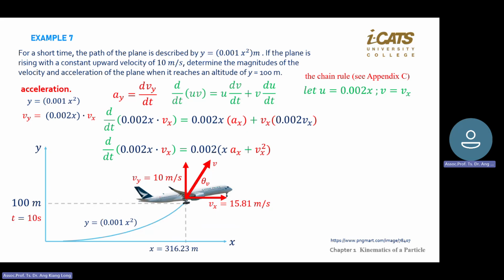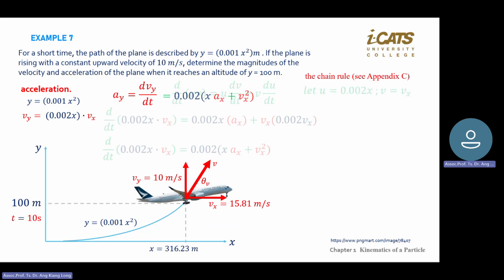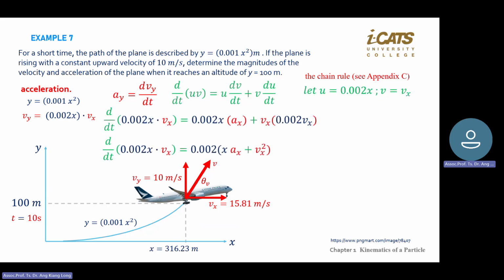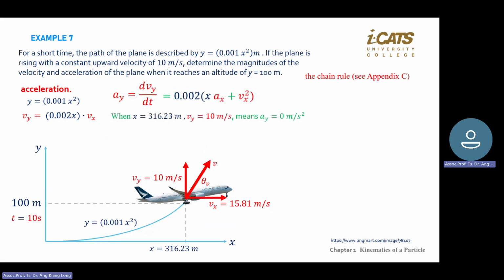So you pull the constant out. You have x, ax, and vx squared. You just combine these two equations. Pull the constant value 0.002 out as a common factor. On one side you get ax, on the other side you get v squared, because there's a vx multiplied by vx, you get v squared. So once you arrive at one equation, you already have the unknown.